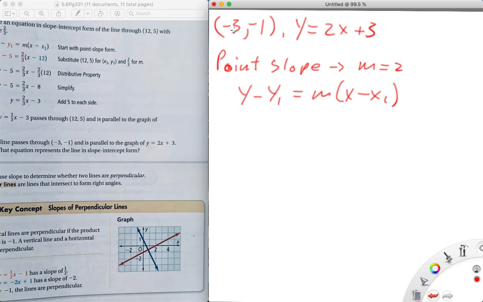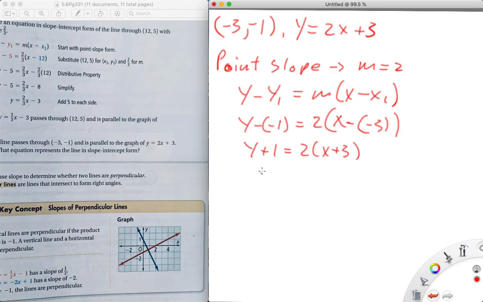And I'm going to use negative 3 for my x1 and negative 1 for my y1, right? So I plug in my numbers: y minus negative 1 equals 2 times x minus negative 3. That turns into y plus 1 equals 2 times x plus 3. Y plus 1 equals, distributive property, 2x plus 6.